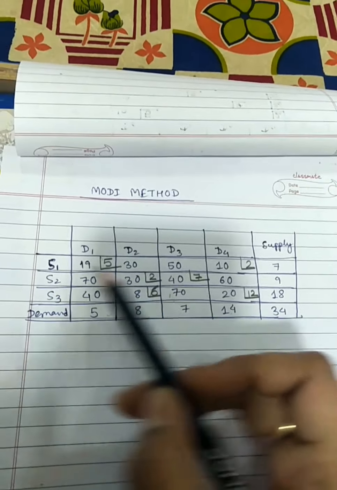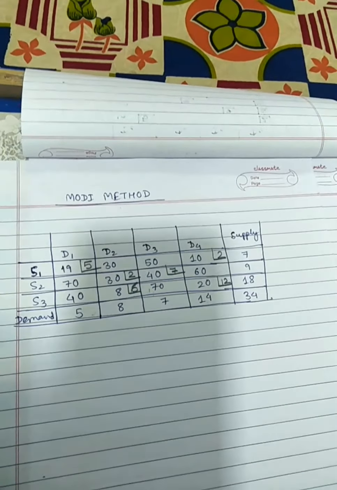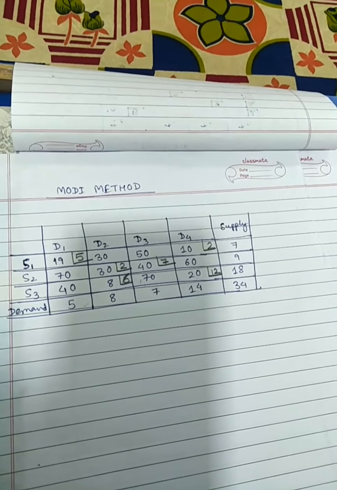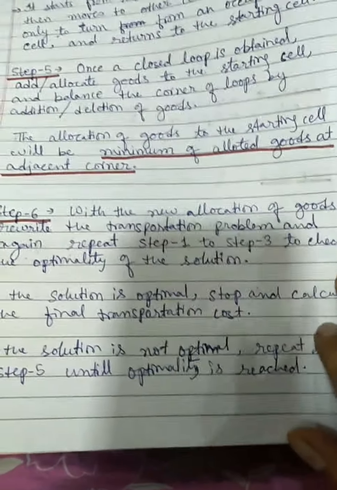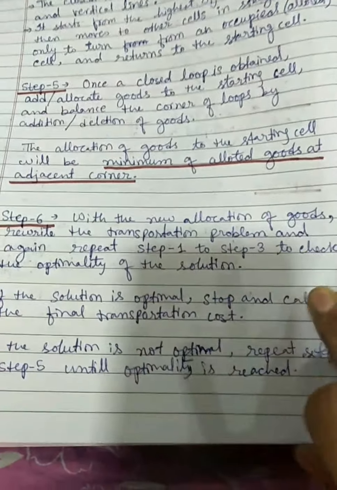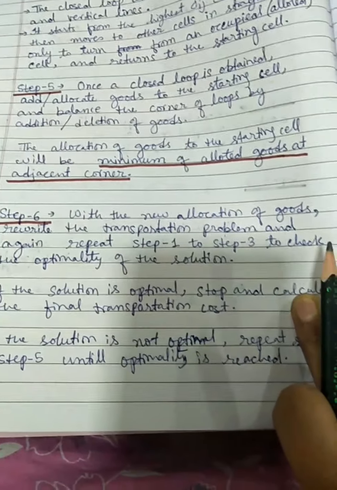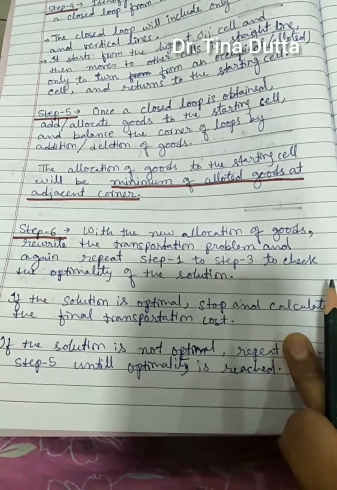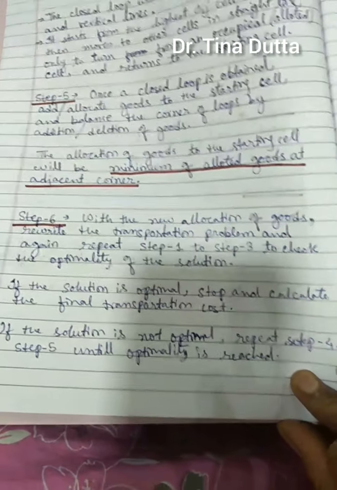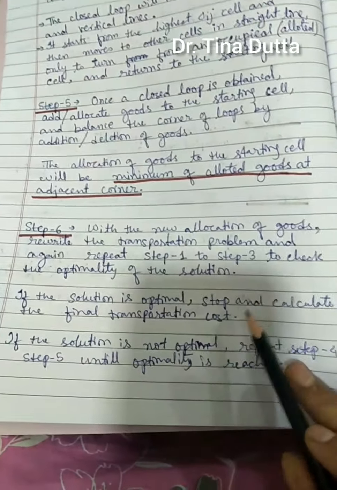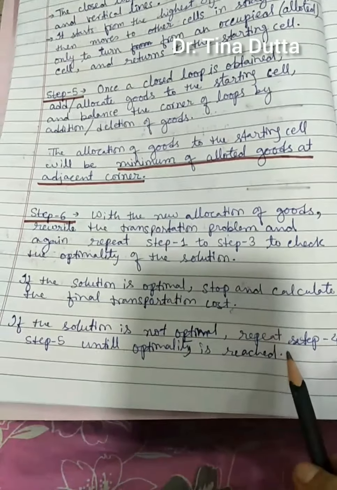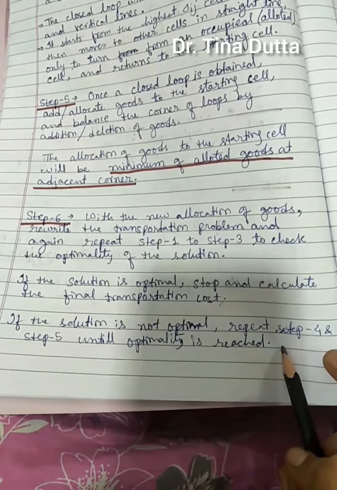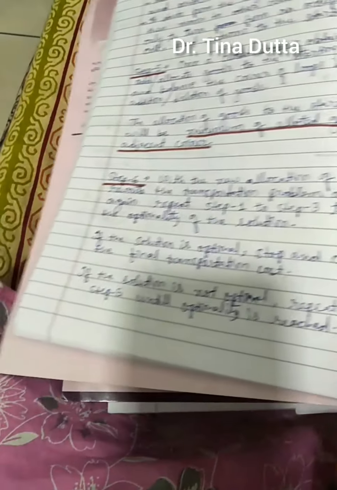That means we have to calculate U1, U2, U3, V1, V2, V3, V4 and check the optimality. So step 6 says that with the new allocation of goods, rewrite the transportation problem and again repeat step 1 to step 3 to check the optimality of the solution. If the solution is optimal, stop and calculate the final transportation cost. If the solution is not optimal, repeat steps 4 and 5 until optimality is reached.